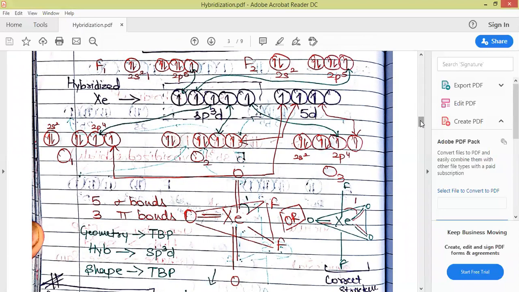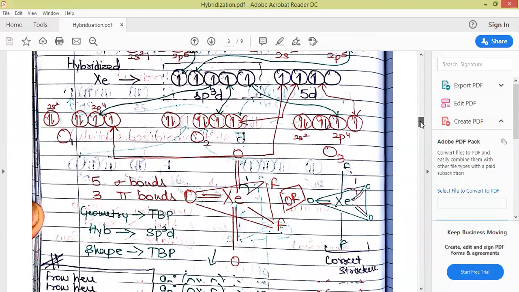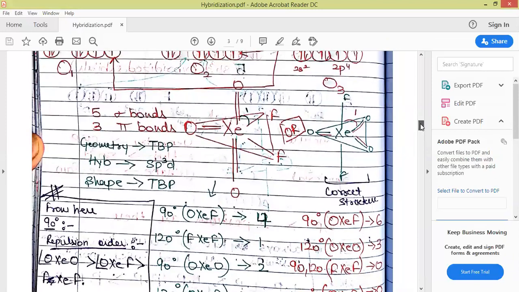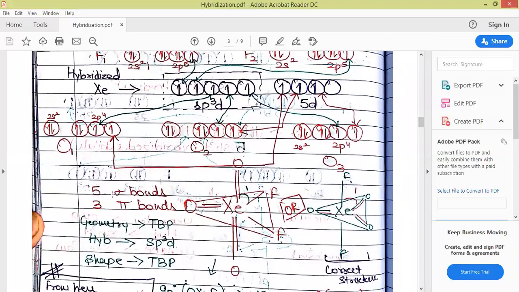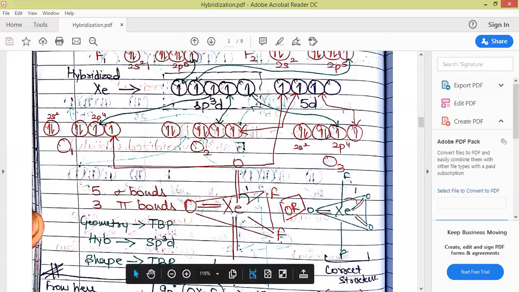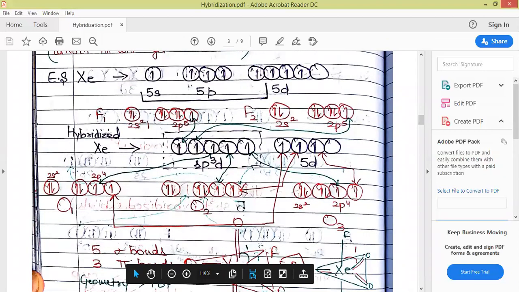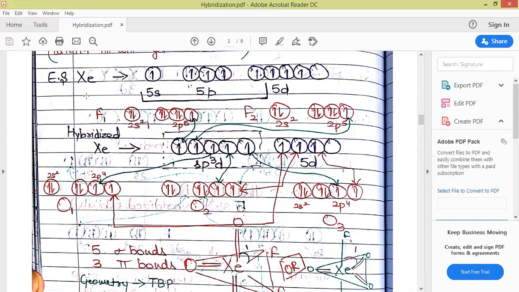So the concept of hybridization gives us a detailed idea of what is happening during the formation of bonds in molecules. So here we can clearly see that 5 sigma bonds are there, 3 pi bonds are there, geometry is trigonal bipyramidal, hybridization is sp3d. Here if we are asked which orbitals are present in the pi bonds, which orbitals are contributing to the formation of the first pi bond.